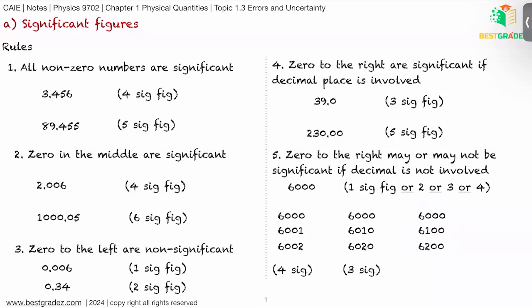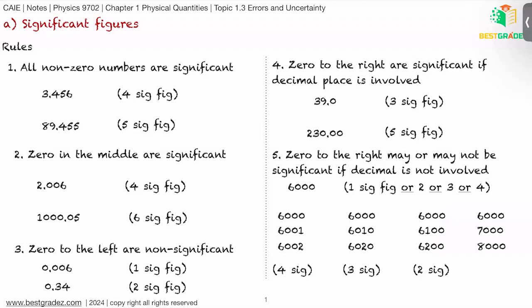How many significant figures are there in this number? 2. 2. Because the last 2 digits, they don't change. So if the values do not change for an instrument, then it is not significant. So in this case, this zero is significant, but these 2 zeros are not significant because they're not changing.